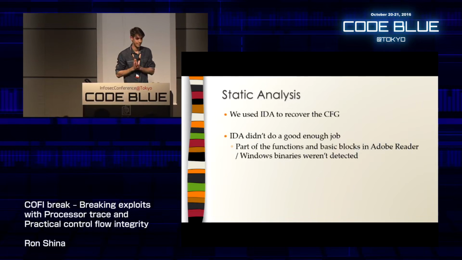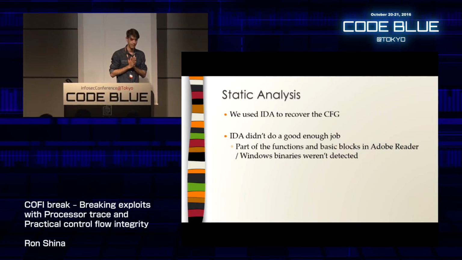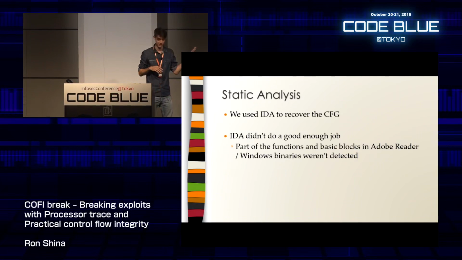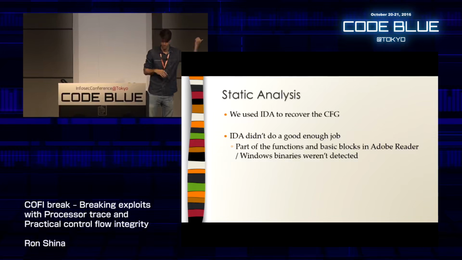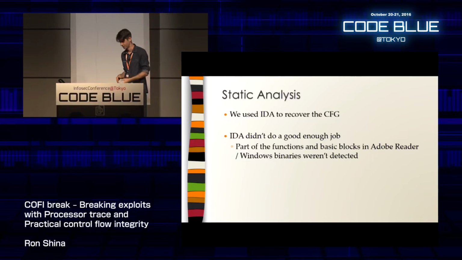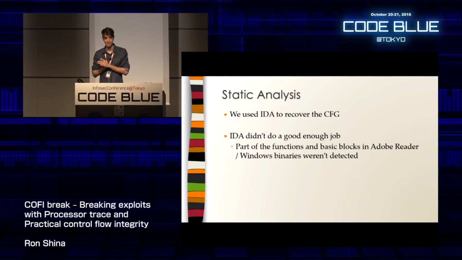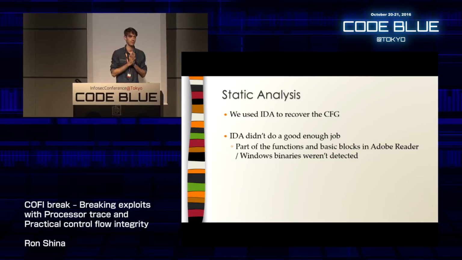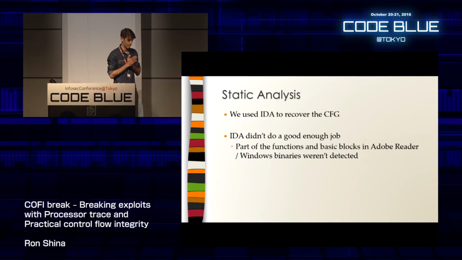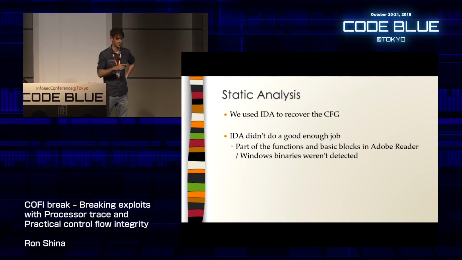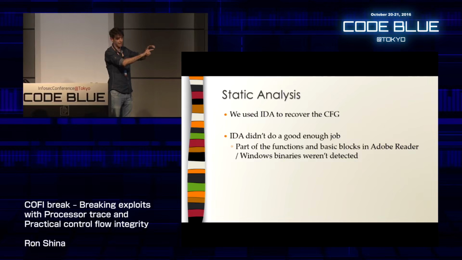A standard method is using static analysis, which is what we did. We used IDA for it, but you could just as well use any other tool, Binary Ninja from one of the previous talks, or angr. But IDA didn't do a good enough job because there are functions and basic blocks that it didn't recognize. So if you were tracing that with your finger, you'd suddenly get to data, and you wouldn't be sure whether that was legal or not.